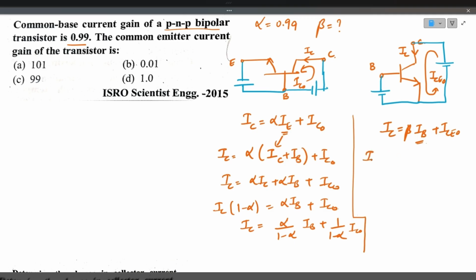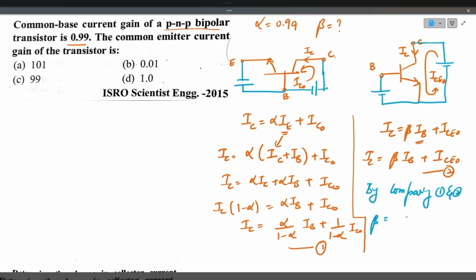Similarly, for this equation, IC is equal to beta IB plus ICE naught. If you compare equation 1 and equation 2, you will get beta equal to alpha divided by 1 minus alpha, and ICE naught equal to 1 divided by 1 minus alpha times IC naught.